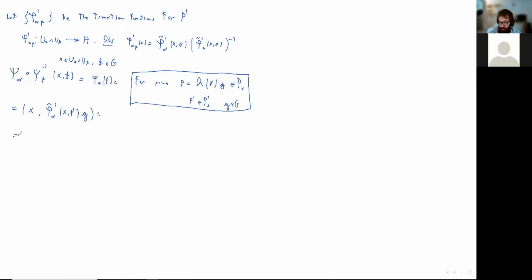And okay, we can keep going. Now the question is, what is this g? And we do have an answer. Because this is nothing but phi tilde prime beta of x p prime inverse times t.